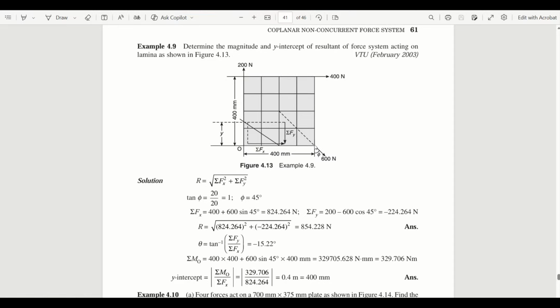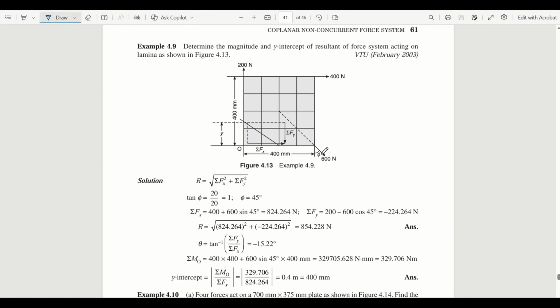So we have to resolve this inclined force into its horizontal and vertical components, correct? Before that, we need to find the unknown. What is unknown here? Phi, that is theta. So this angle should be found out now.